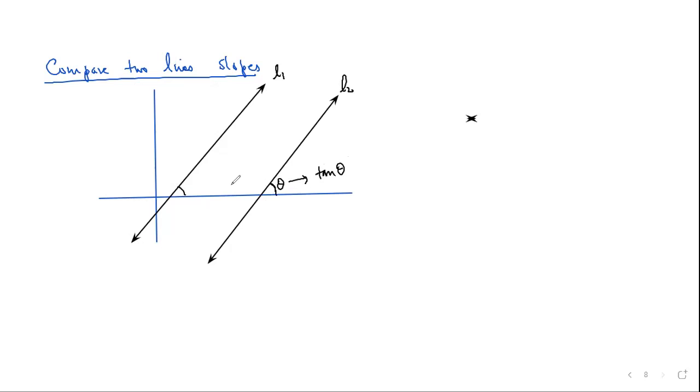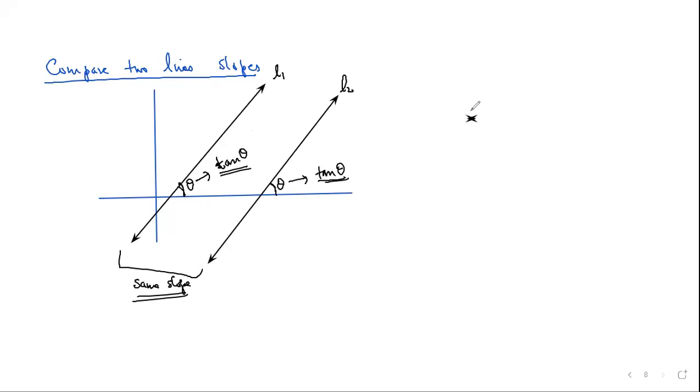If this angle is theta, what will be this angle? Will it be same or different? Same. So here also the slope will be tan theta. So both the values will be equal. Both will have the same slope. Did you understand?